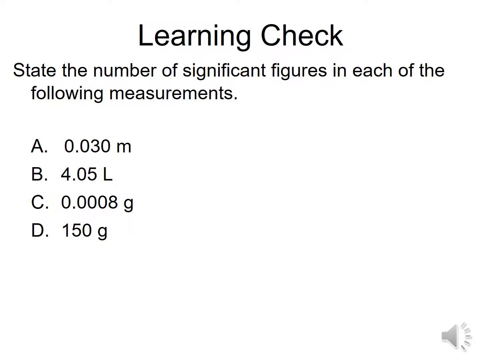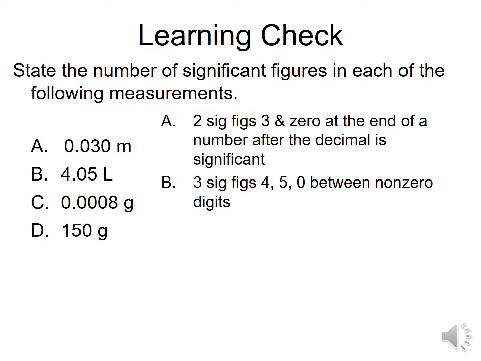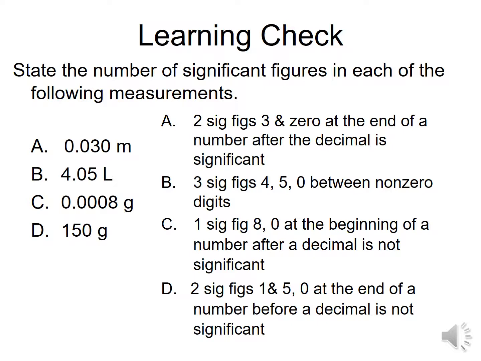The 0 is not a sig fig. The 5 and the 1 are significant figures. So A, 2 sig figs. B, 3 sig figs. C, 1 sig fig. And D, 2 sig figs.